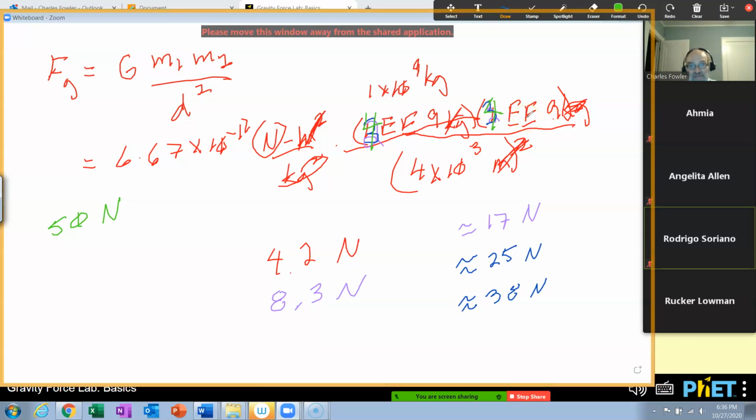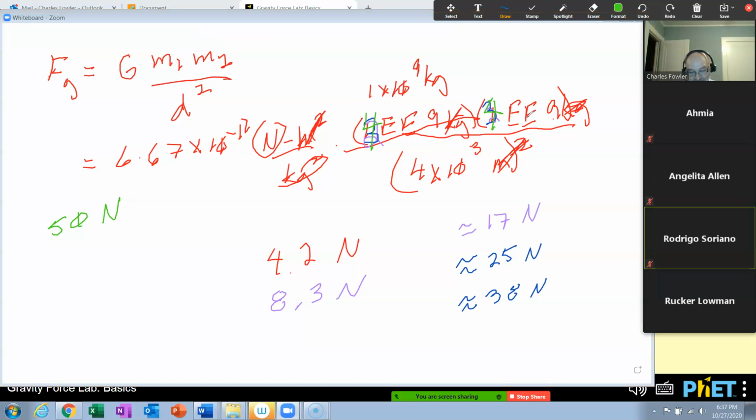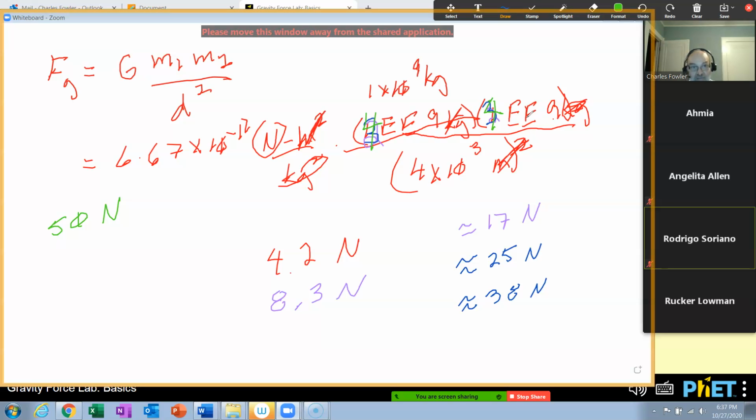Okay, so let's see what we've got there. 6.67 EE11 minus times 4 EE9 times 4 EE9 divided by, open parentheses, 4 EE3 close parentheses squared equal.